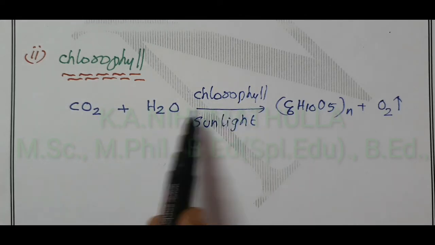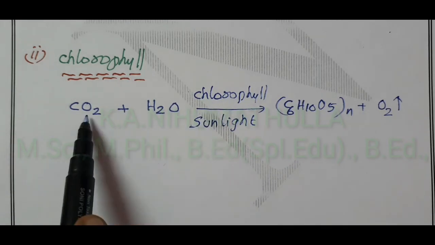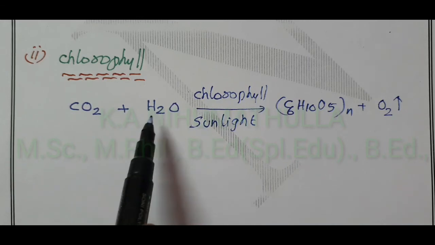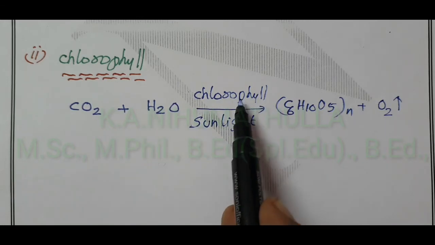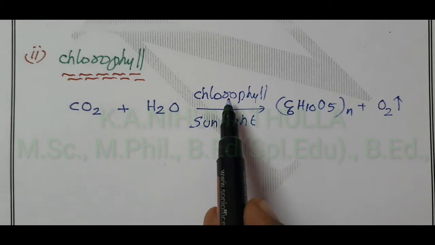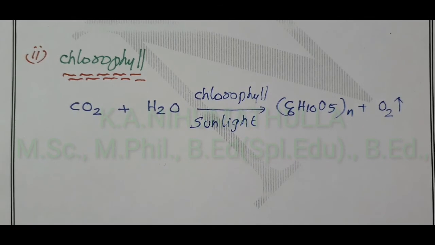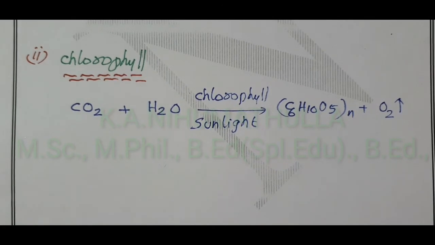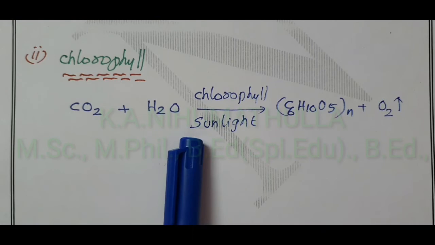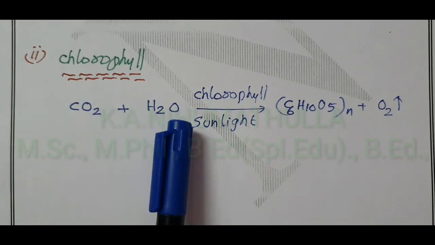Chlorophyll in this reaction acts as a photosensitizer. Carbon dioxide and water are not capable of absorbing sunlight directly. Chlorophyll absorbs sunlight directly, and the light is used by carbon dioxide and water to prepare their own food. We are going to discuss the detailed structure of chlorophyll with the central metal ion magnesium 2 plus.